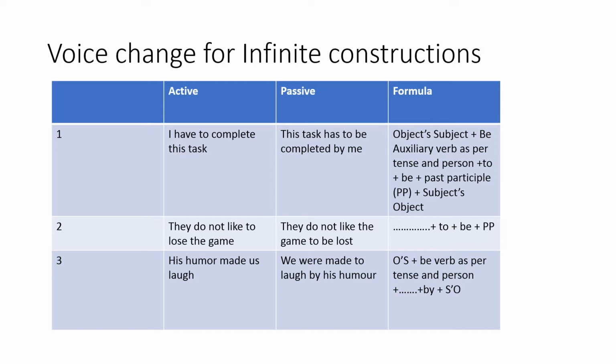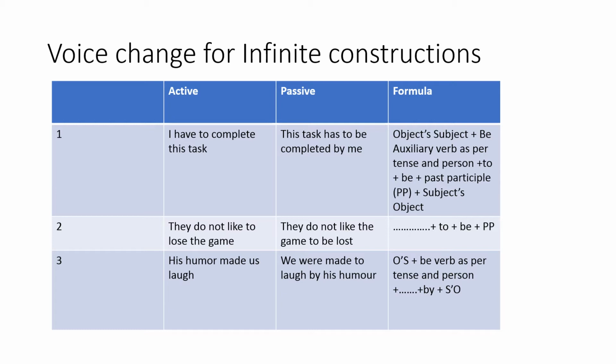So in this case, if you see the first case, I is the subject, have to have is the main verb, to is the "to" that is introducing the infinitive verb complete, followed by the object, this task.